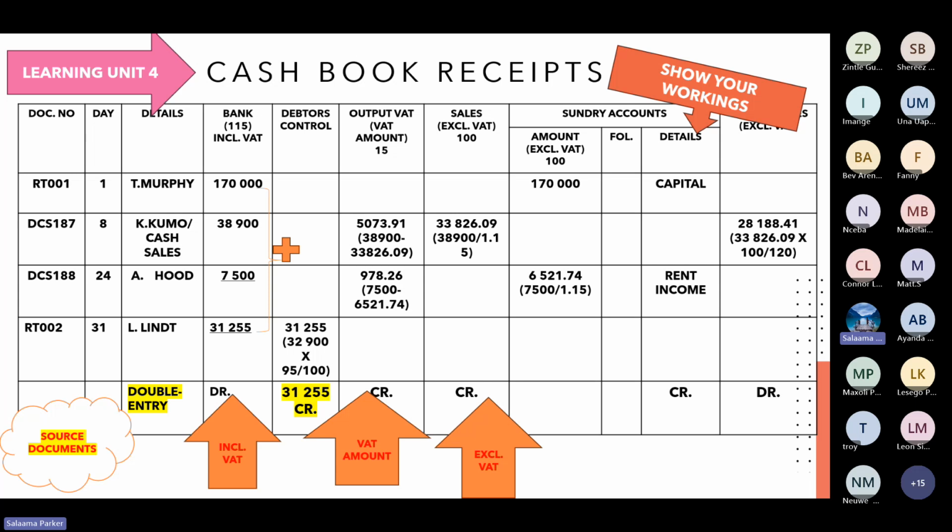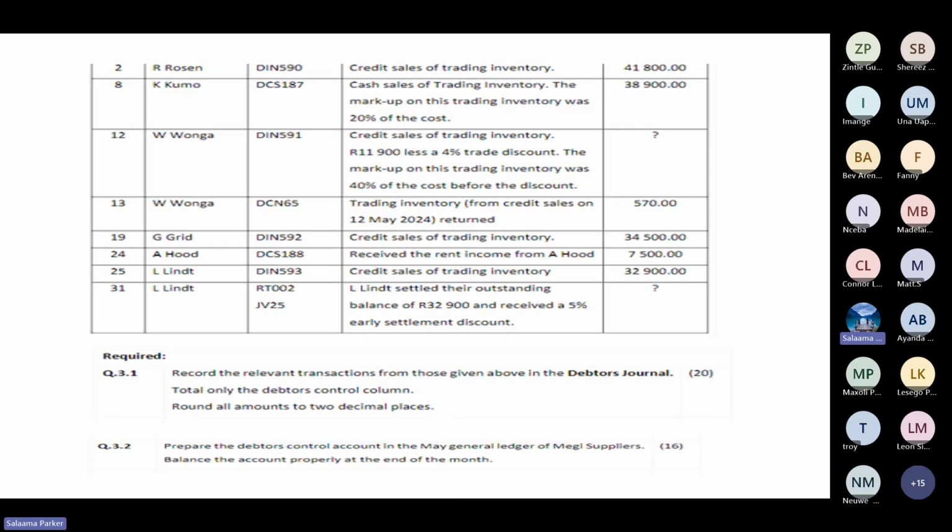So now, remember this was not asked in the exam for this specific question, but I just thought it's important that I recap the cash book receipts again in the event that it could come up in your exam again. Okay. Right. So here our focus is more specifically on the debtors journal.